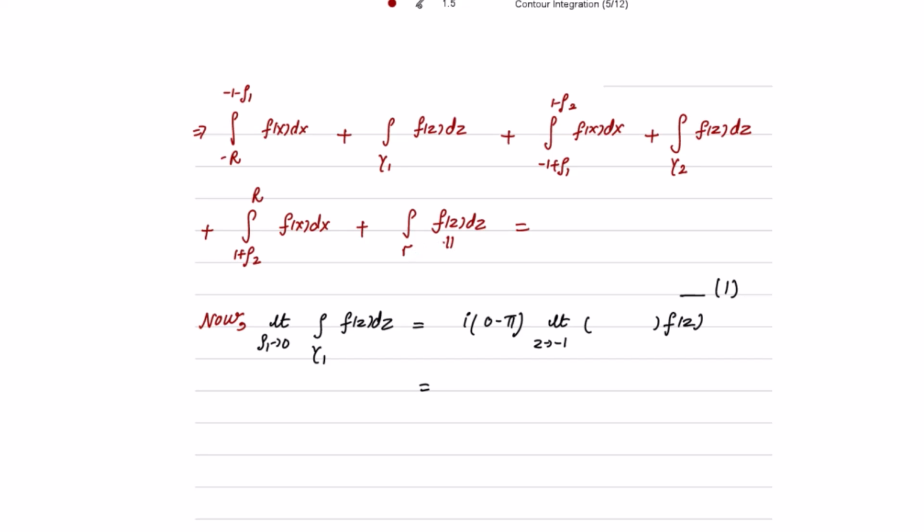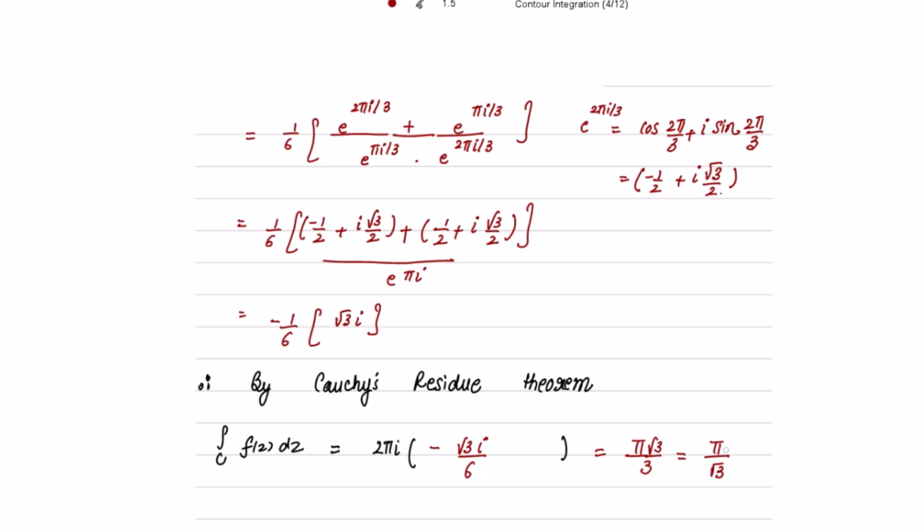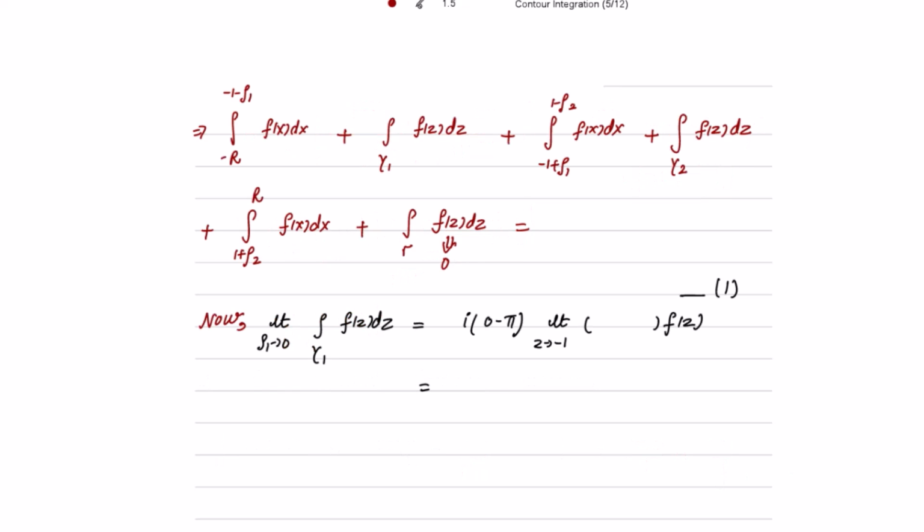This I know always equals 0, and this whole sum is equal to π over root 3. So first, I just need to calculate this thing and this thing. The rest of the integrals will be merged into the integral from negative infinity to positive infinity along the real axis.